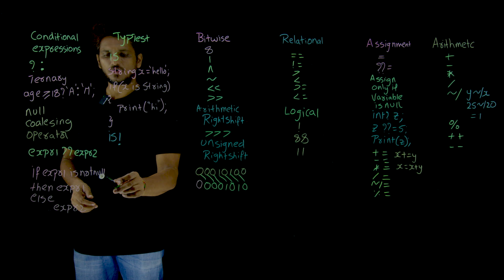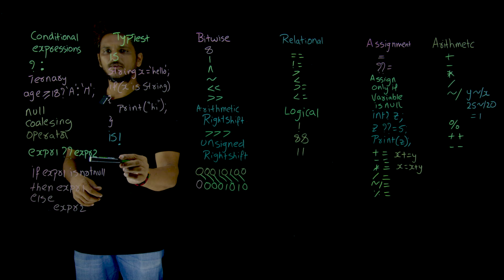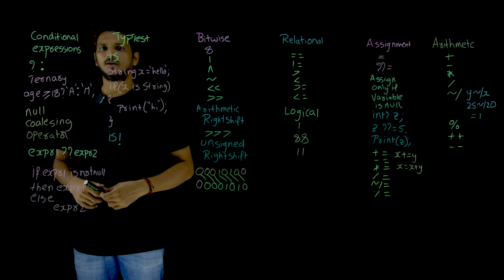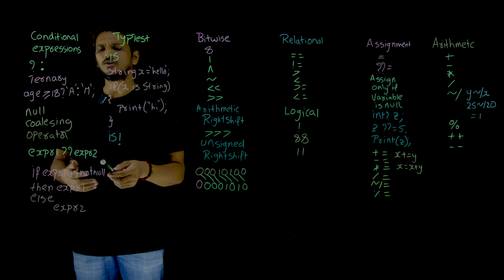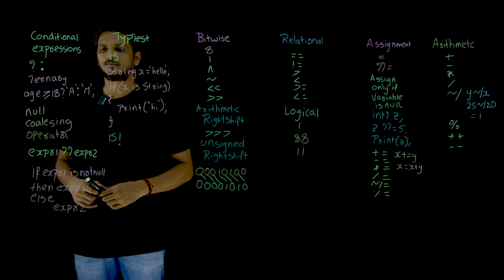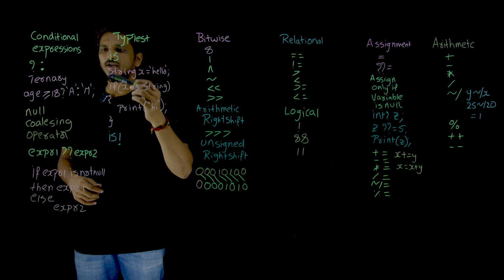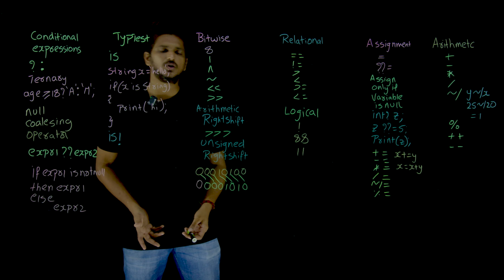If expression 1 is not null, then this expression is evaluated and returned. Otherwise, else this expression is evaluated and returned. This is how it works. So whenever it is needed, you can go with this conditional expression operator. So this is about conditional expressions. These are the operators which we are going to use in Dart programming.